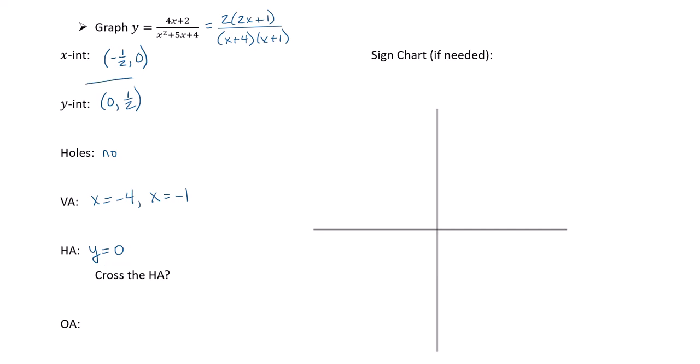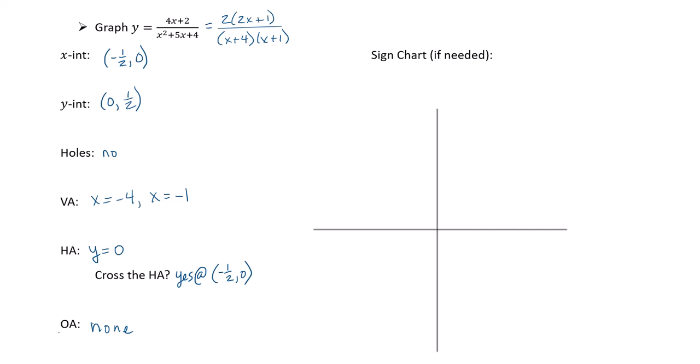Well, it does, and we found that already as the x-intercept. So yes, it crosses at (-1/2, 0). We have a horizontal asymptote, so we do not have an oblique asymptote. Remember, those things are mutually exclusive.